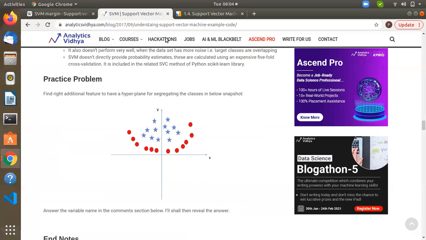If we draw a line something like this, after that we have to draw the hyperplanes parallel to this, like this, in such a way that the margin is maximum, and it should satisfy the condition of minimum 2 by norm of w.